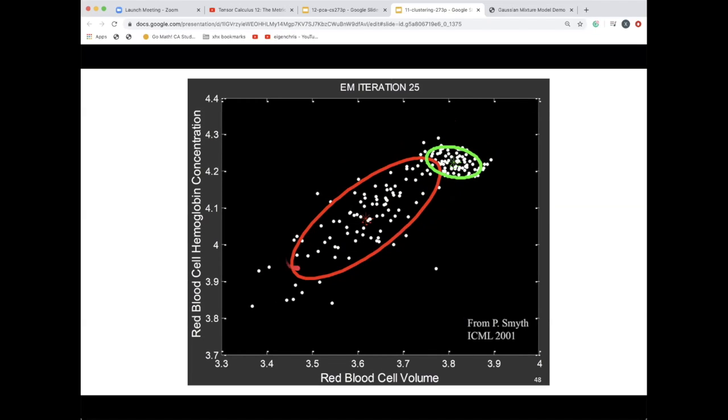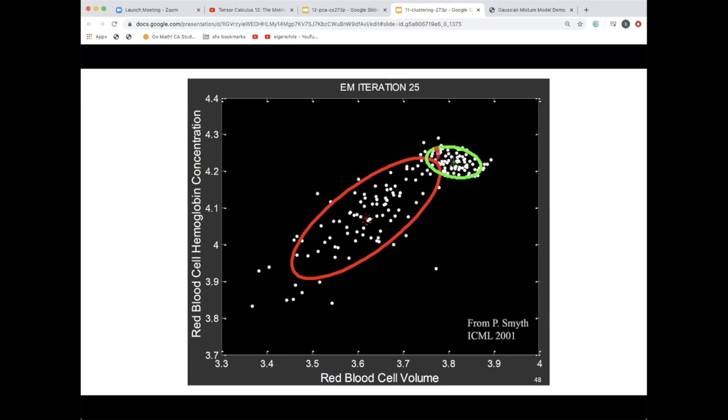These are the Gaussians associated with the data on this side, and these are the Gaussians associated with the data here. Not only are the centers separate, but the shapes of the distributions are different as well. That is reflected in the covariance matrices estimated for each of the Gaussian distributions.